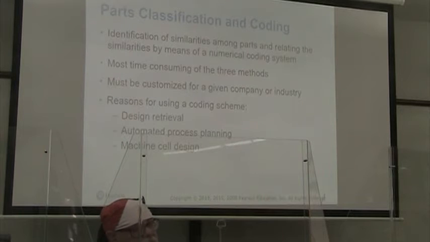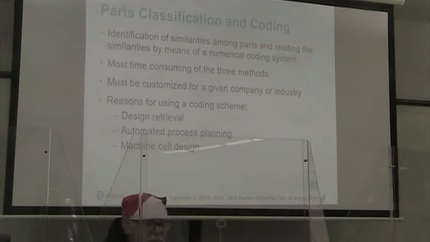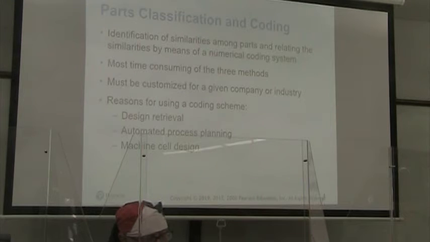Now, there are reasons that we might be using a coding scheme, such as being able to retrieve the design easily, to have automated process planning, and machine cell design. So we start with the idea we might be organizing into work cells when we use this scheme.